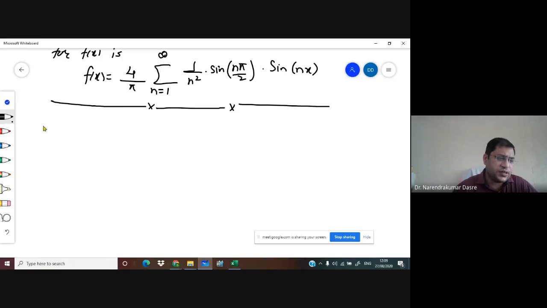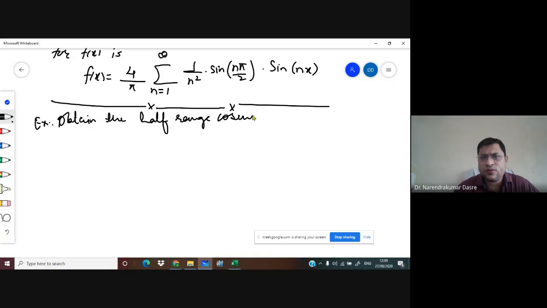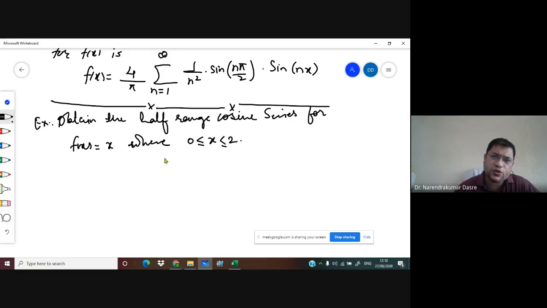So we'll go for another example. Find the half range cosine series for f of x is equal to x, where 0 is less than or equal to x less than or equal to 2.